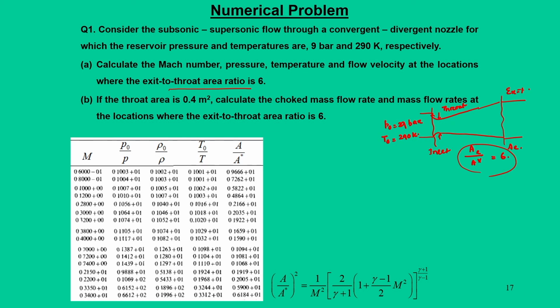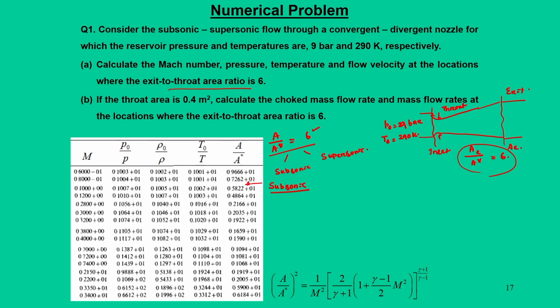To solve the problem, for this area ratio A by A star of 6, we can have two solutions, one subsonic and the other supersonic. Let me start with the subsonic solution. For the subsonic solution, for this area ratio of 6, we can look for a value in the subsonic range.